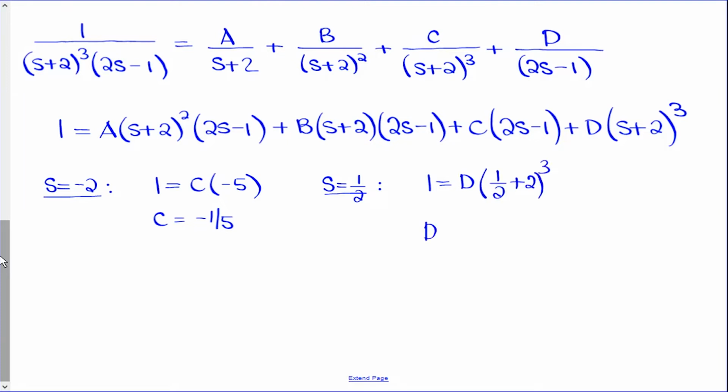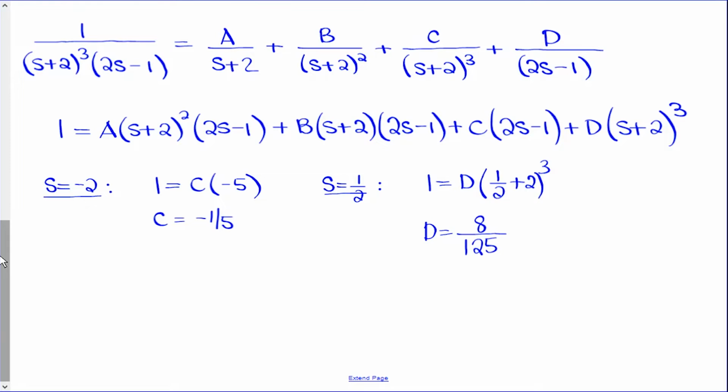So now you can solve for D, and I believe you would get 8/125. Let me just double check that real quick. Seems right. So we've got 2 out of the 4 variables that we need to solve for.